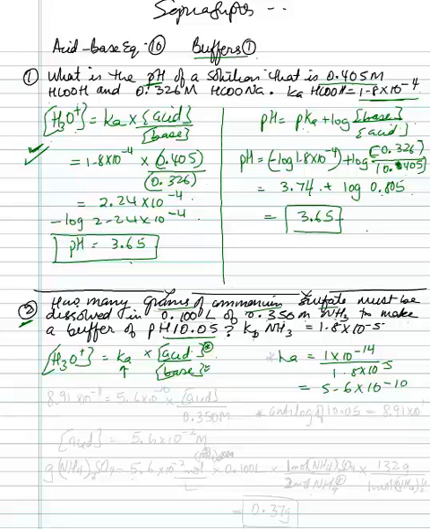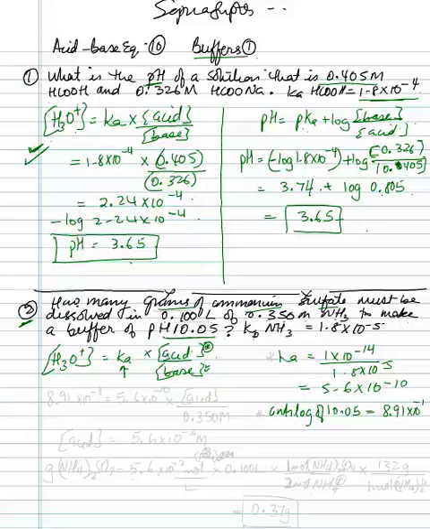That is our Ka. And the anti-log of 10.05 is equal to 8.91 times 10 to the negative 11.